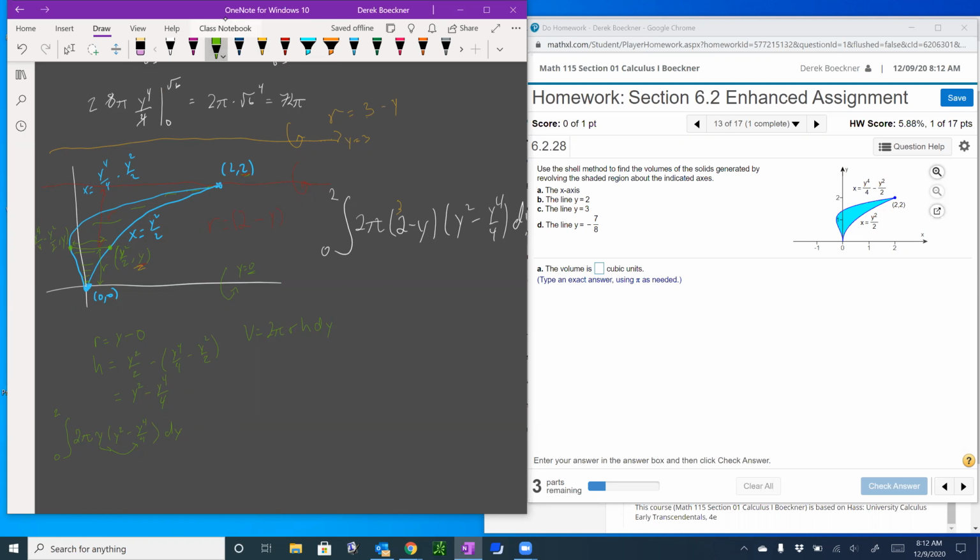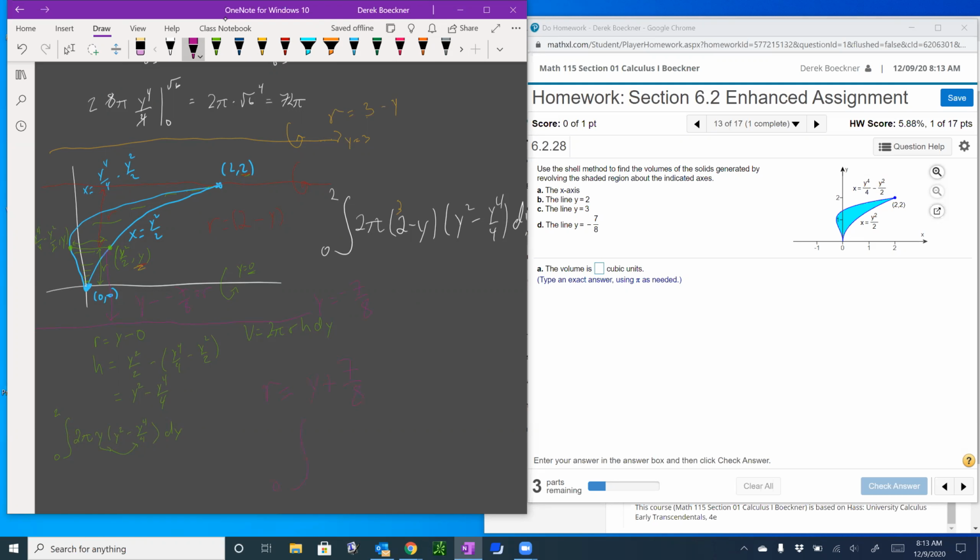And then if I was, see if I can find another color. Purple might work. If I'm down here at y equals minus 7/8, well, the radius here is going to be y plus 7/8.